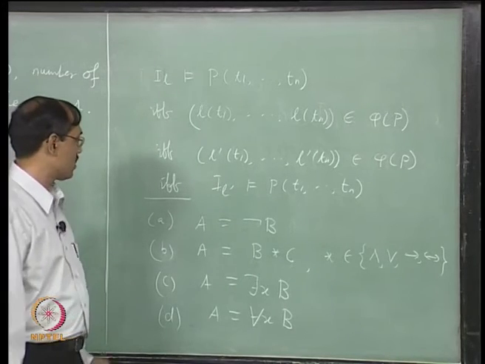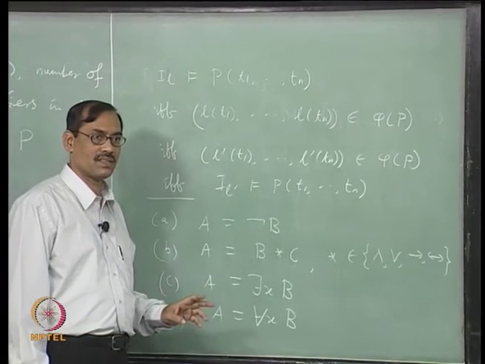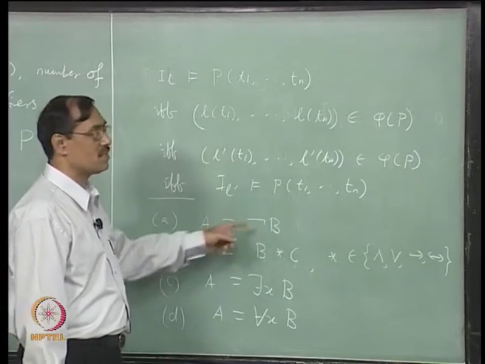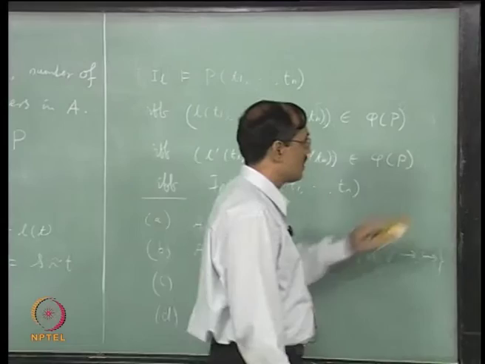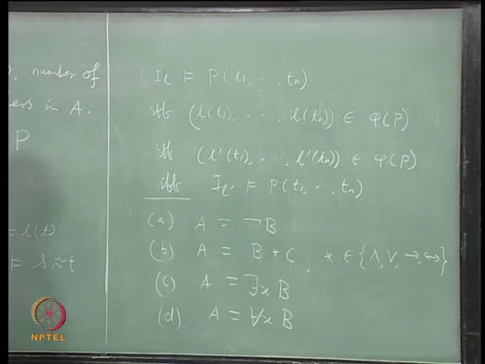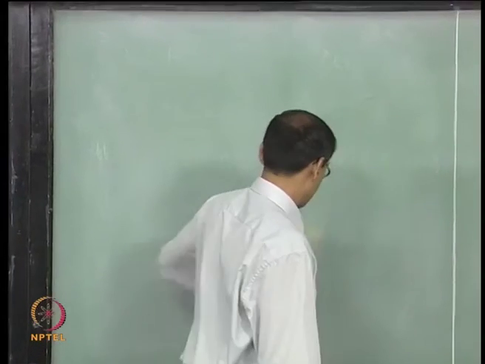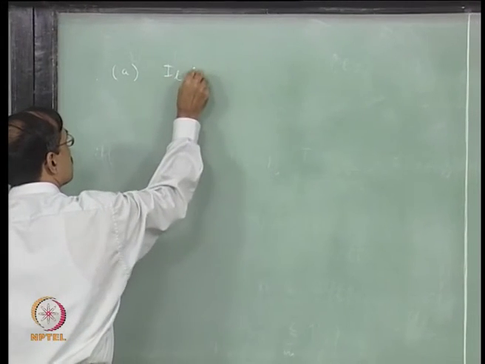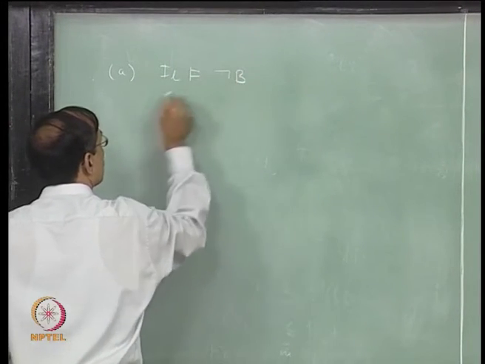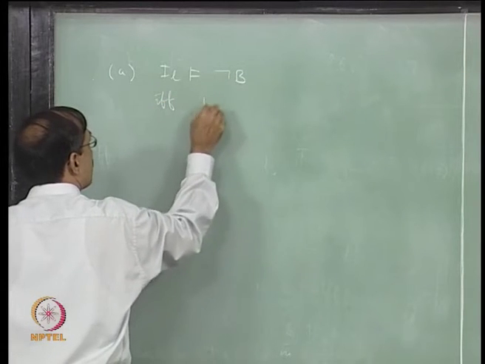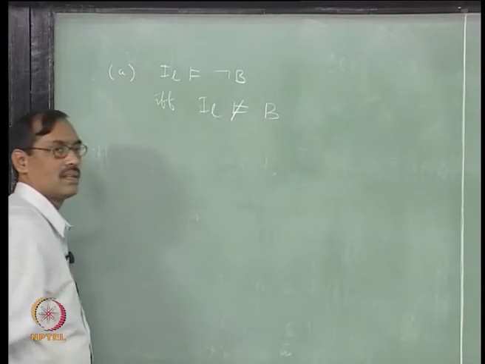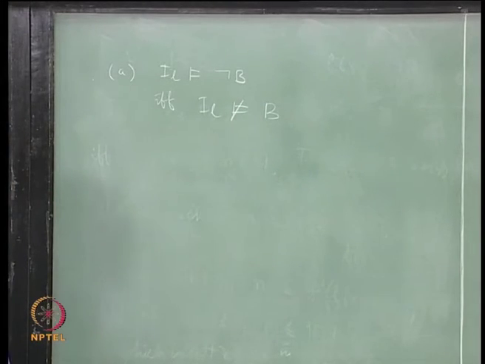Okay. So, let us take the not B case. If A equal to not B, then you start just like this and use the definition of satisfaction. So, say case A, we will say I L satisfies not B if and only if I L does not satisfy B by definition, right.